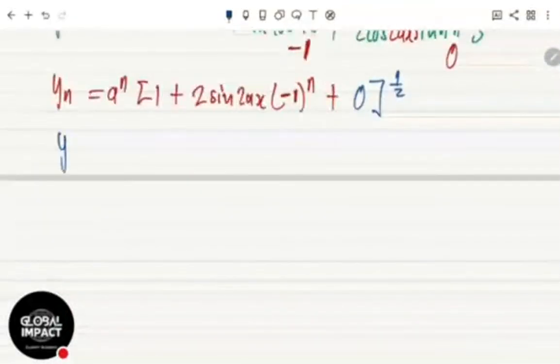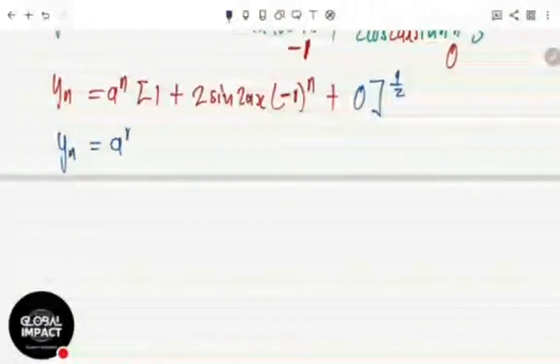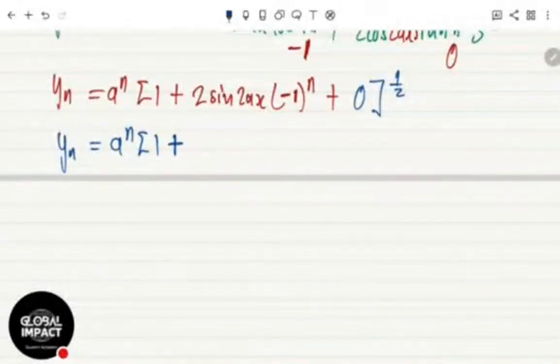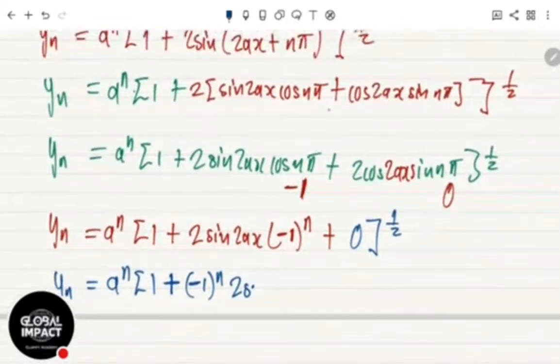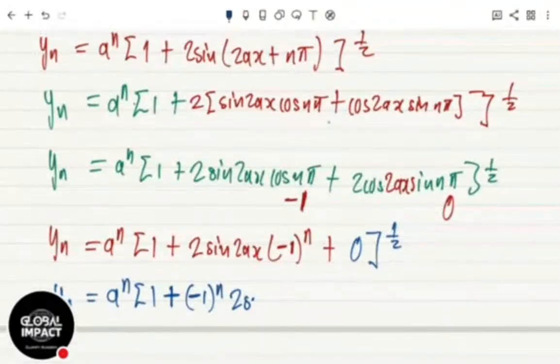So we can now put our final solution to say nth derivative will be a to the n, then 1 plus, you now say minus 1 to the power of n, and this is 2 what? Was it a 2 sine 2x here? 2 sine 2x.